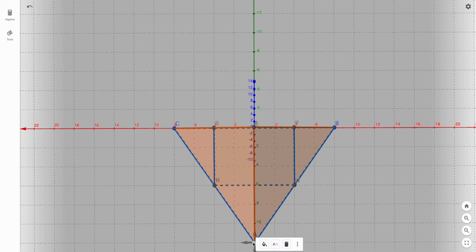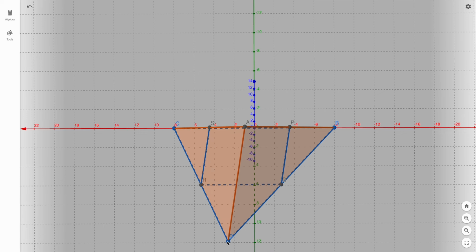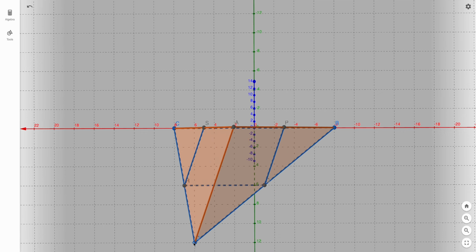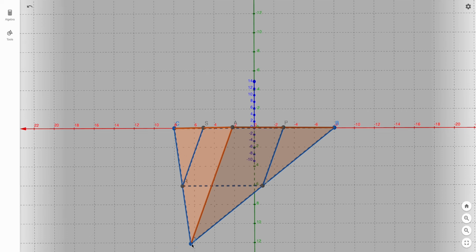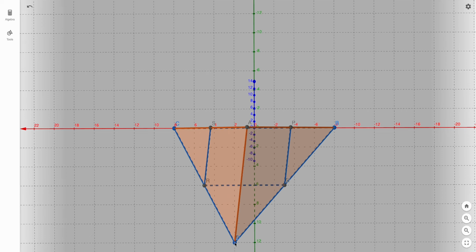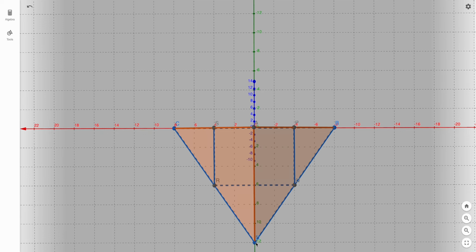By sliding D across the horizontal axis, we again see two triangles form on each section of the triangle BCD. For triangle ACD, we have two smaller triangles, CSR and RDU, where U is the point of intersection of AD and QR.